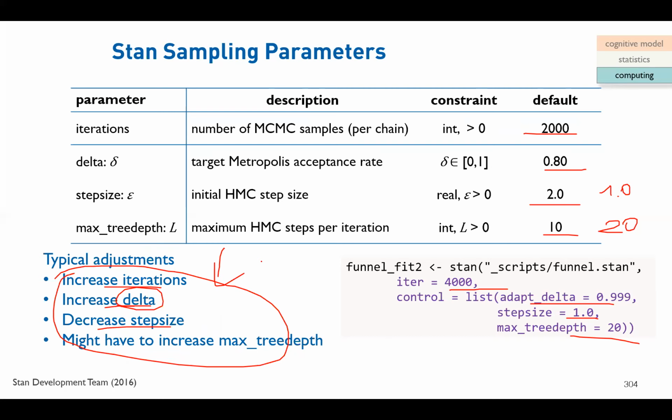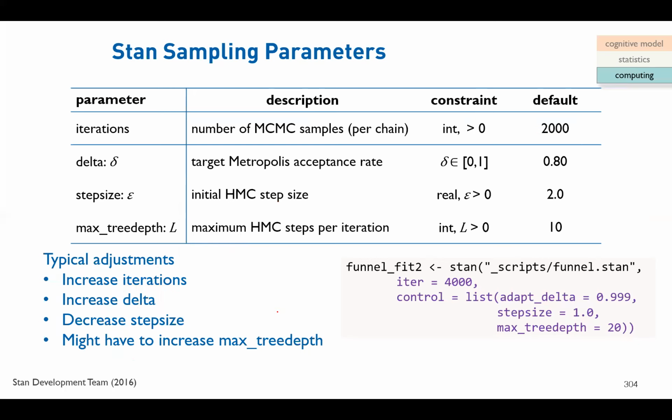If that still causes problems, go here to try to adjust some Stan algorithms, like increase the chain length, increase the acceptance rate of the proposal, or decrease the step size so that each time it moves a little bit smaller. Okay. Good.